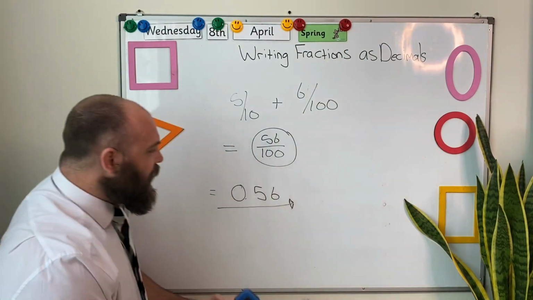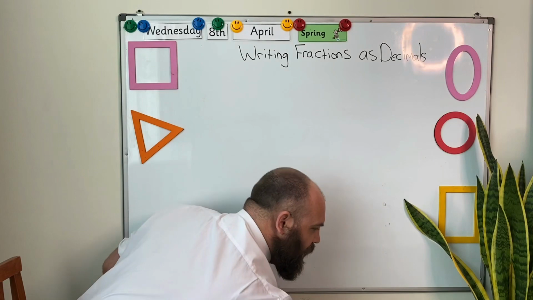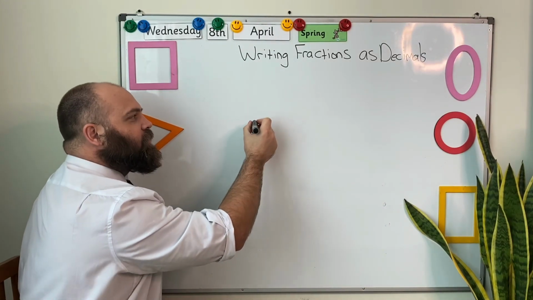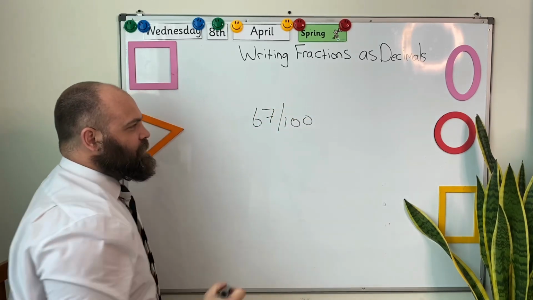So if we get any question where we have a fraction over 100, let's look at 67 hundredths.